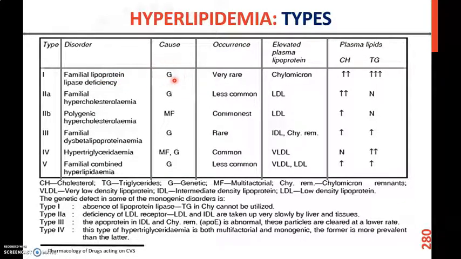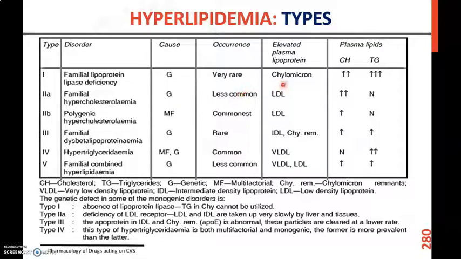The cause of this is genetic, and this is a very rare type of hyperlipidemia, and there will be increased chylomicrons in the plasma lipoprotein, and also increased cholesterol and increased triglyceride level in case of type 1.